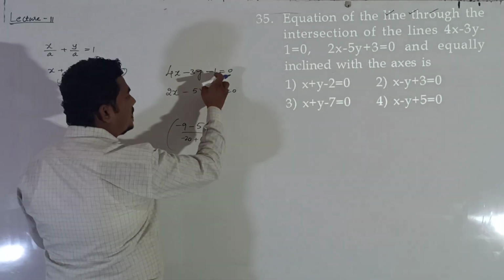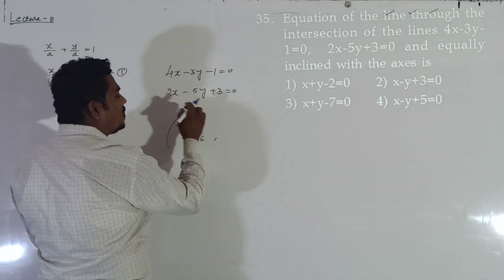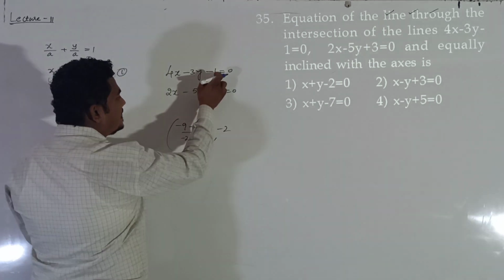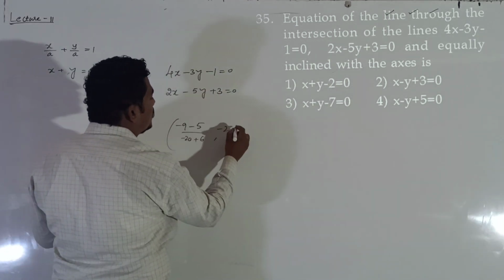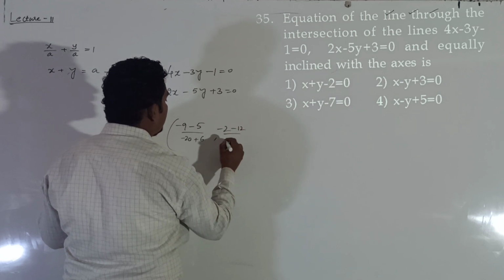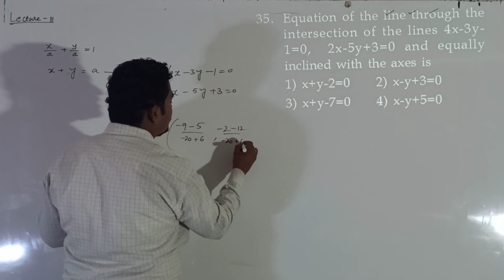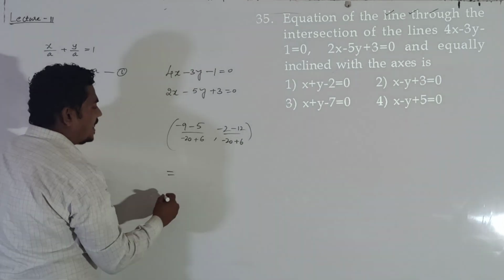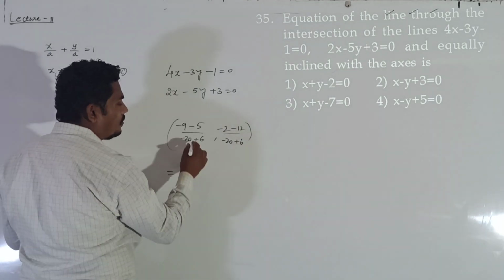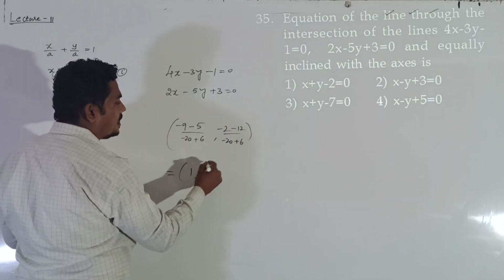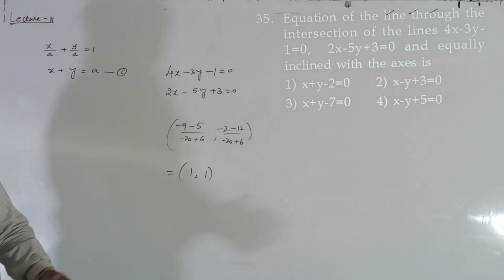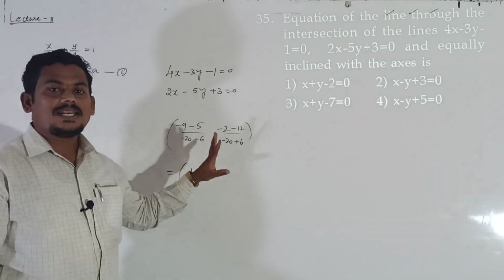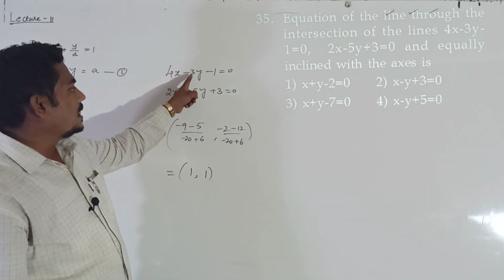Similarly, the y coordinate is C1 A2, that is minus 2, C1 A2 minus A1 C2, that is 12, divided by minus 20 plus 6. Directly we get minus 14 divided by 14, which is 1. This is the point of intersection of these two lines directly by using the shortcut formula.